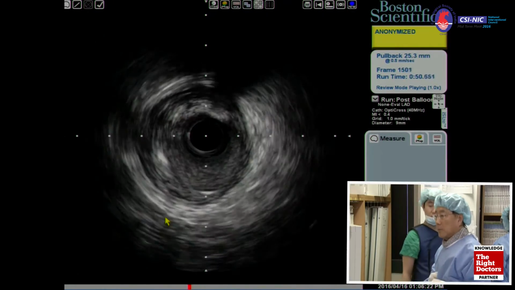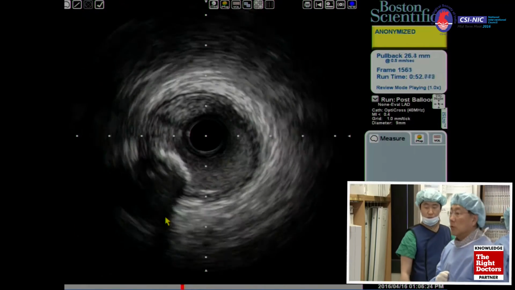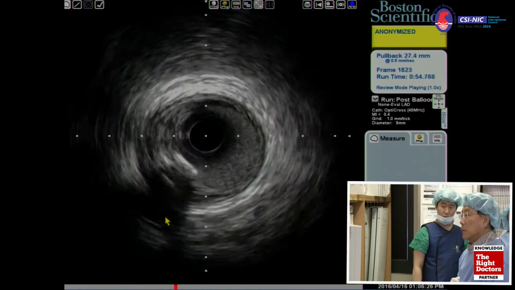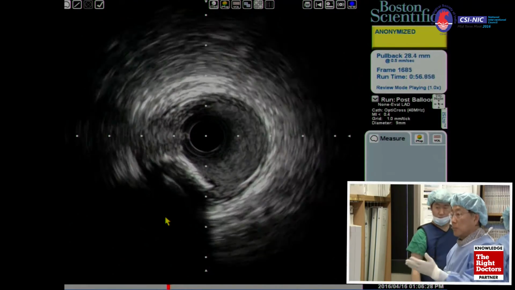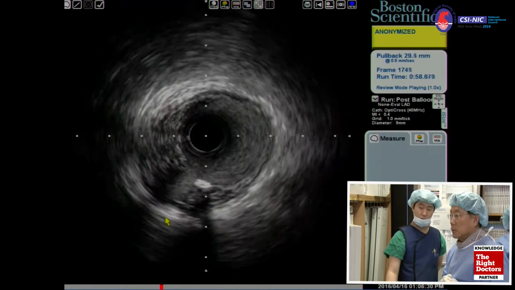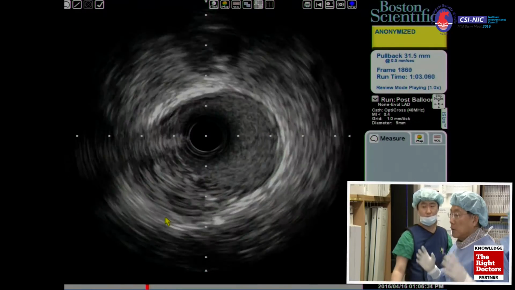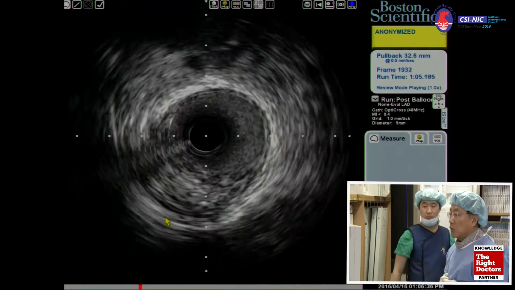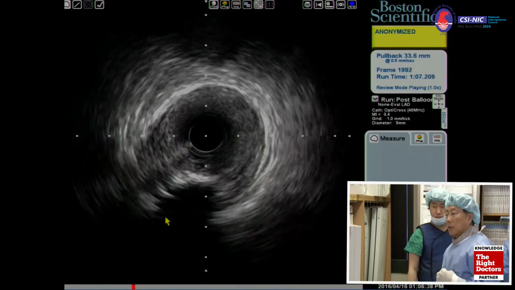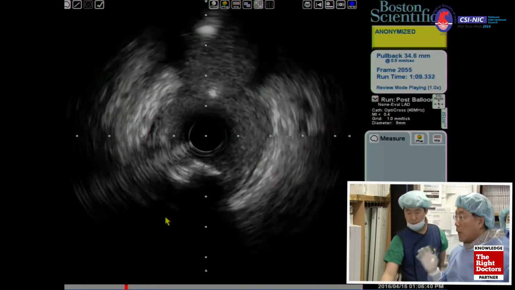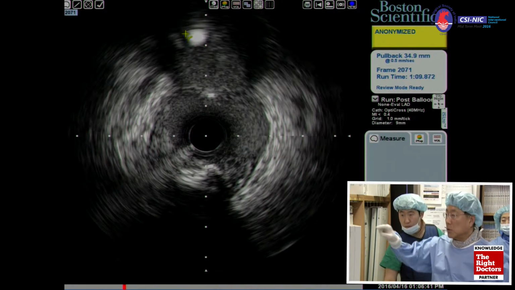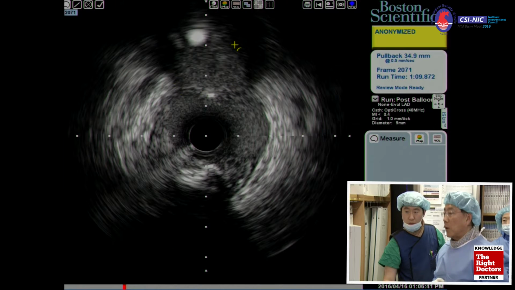Size-wise almost 3.0. Some calcium. It's quite soft plaque, and the vessel size is getting bigger, almost 4, more than that. And the circumflex ostium is coming from the 12 o'clock here.